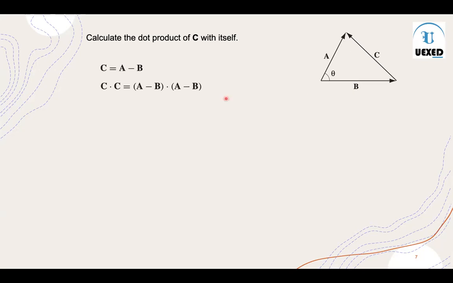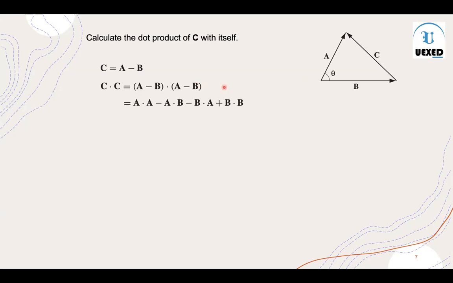So C dot C is nothing but A minus B dot A minus B. When we open this, we get A dot A, then a minus sign, A dot B, then again a minus sign, B dot A, and then minus into minus gives a plus sign, and we have B dot B.